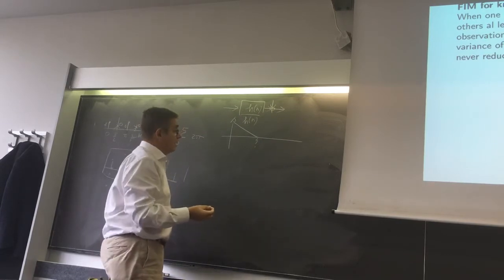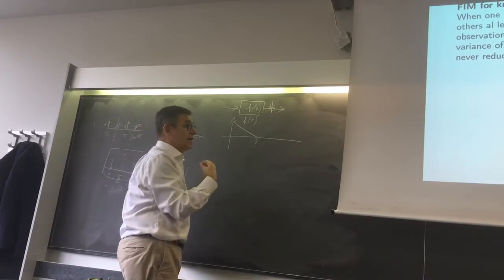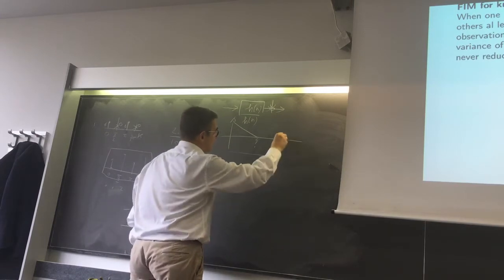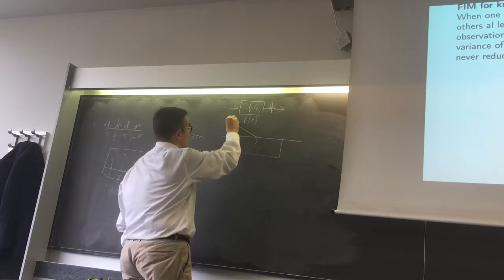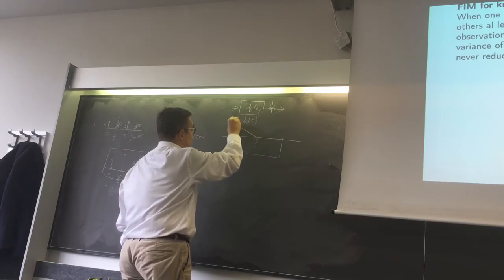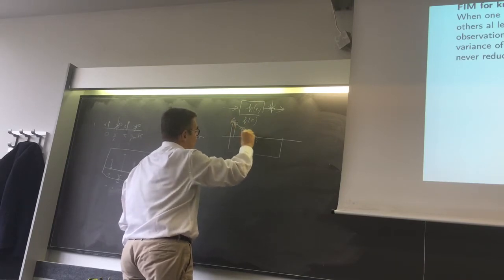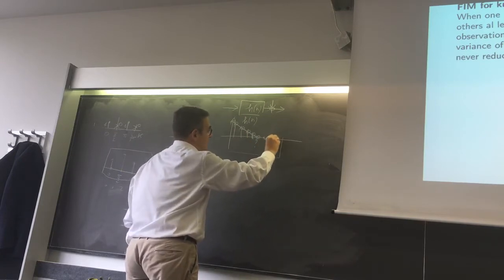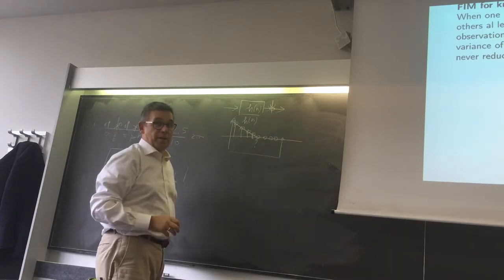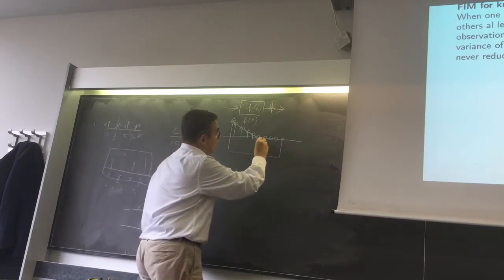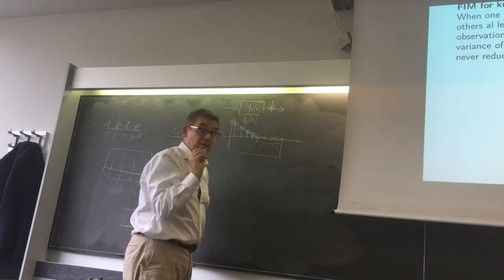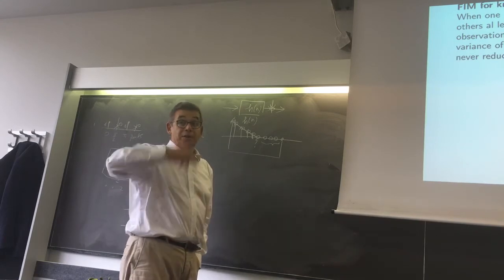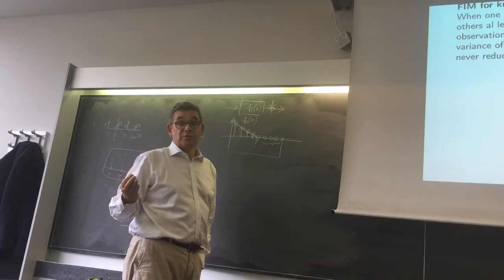Now, a very silly way to handle this is, you know what? I estimate not just 1, 2, 3, 4, 5, 6 parameters, but I estimate 7, 8, 9, 10. When I estimate these parameters that truly are 0, I am increasing the number of unknowns.